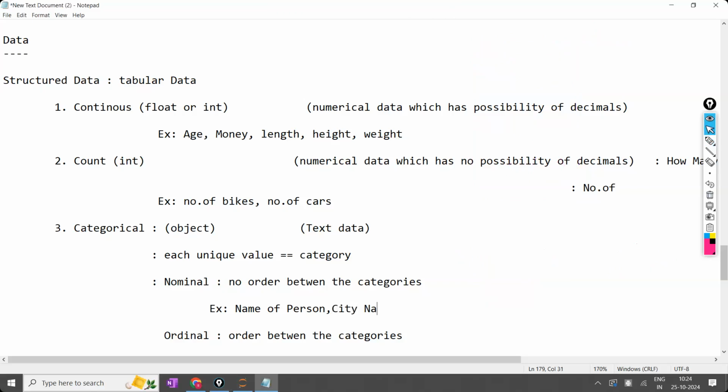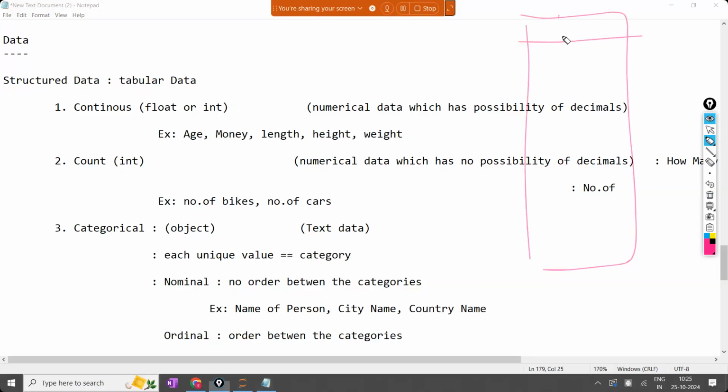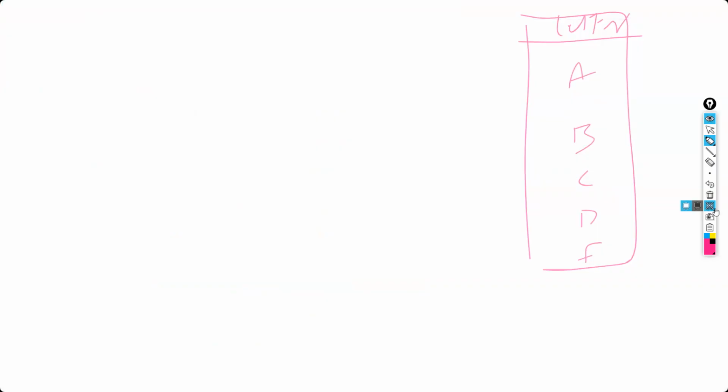List of city names, any country name, all of this comes under nominal. Now, for example, you have English letters, alphabets: A, B, C, D, F. Which letter is the best one? They are just letter names, English letters.